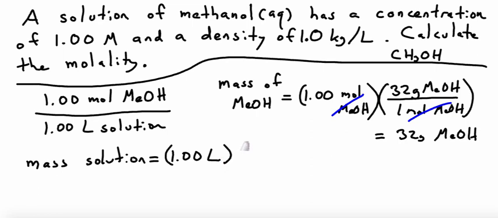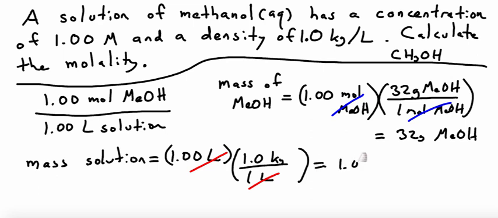If we multiply our volume by the density, we can convert from volume to mass. And we said the density was 1 kilogram for every 1 liter. So in this example, it's sort of trivial that we end up with just 1 kilogram. So we've got 1,000 grams of solution.